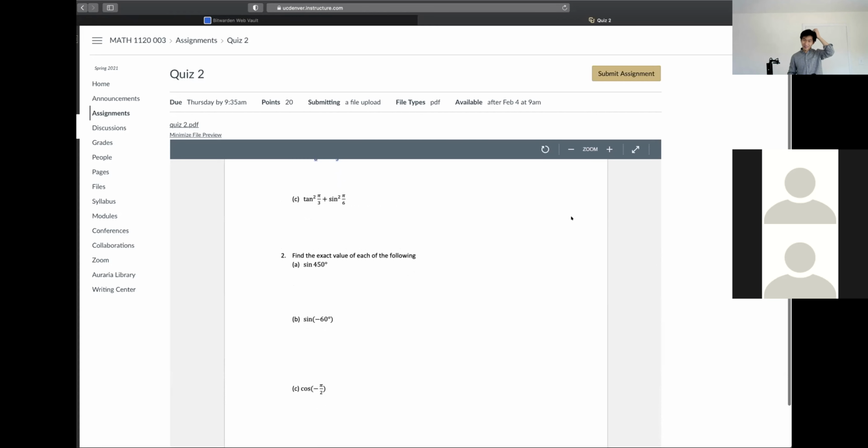So it's tan squared pi over 3 plus sine squared pi over 6. Can you speak slowly again? For 1c, is it tan 2 pi over 3 plus sine 2 pi over 6, or is it tan squared pi over 3 plus sine squared pi over 6?